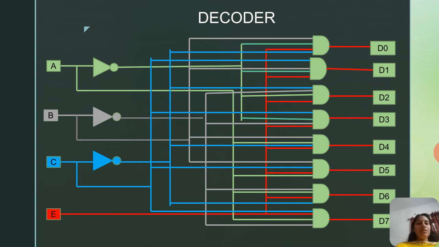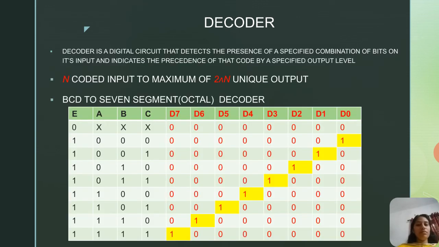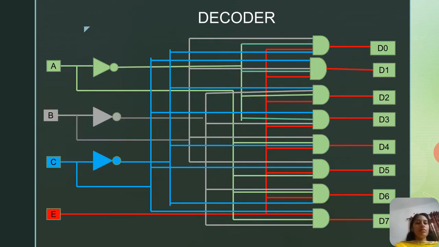For D1, what is the combination? D1 is connected with the enable bit, then A as 0, then B as 0, then C as 1. Likewise, we have implemented the decoder circuit.